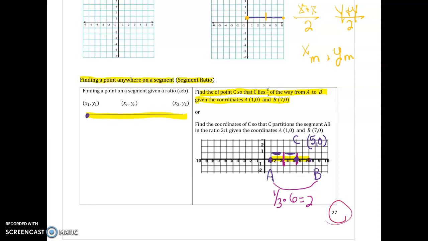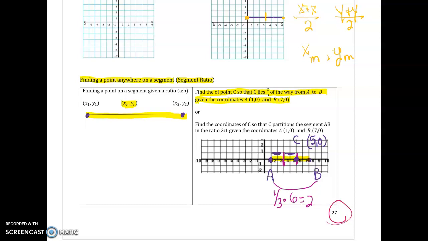That was like our A. We're going to have an ending point for our segment. That was like the B. We'll call it (x2, y2). And then we're going to have a point somewhere in between them that helps us find our segment ratio. That's why this is called (xR, yR), because that's going to be that segment ratio point, somewhere, again, in that yellow highlighted segment area. So how do you do that?